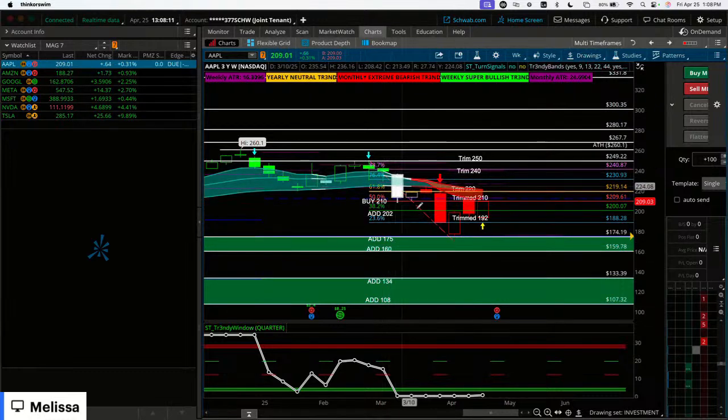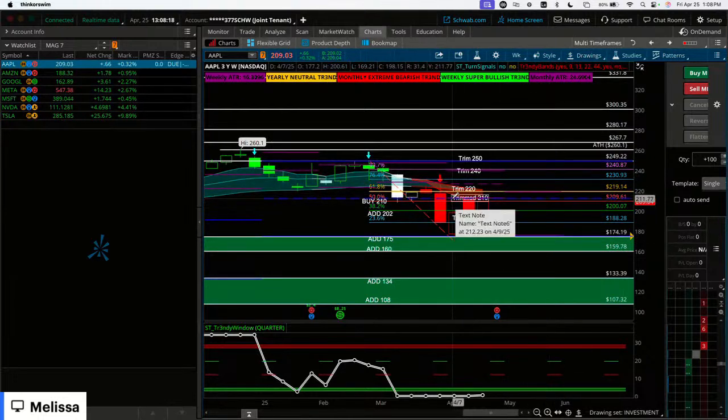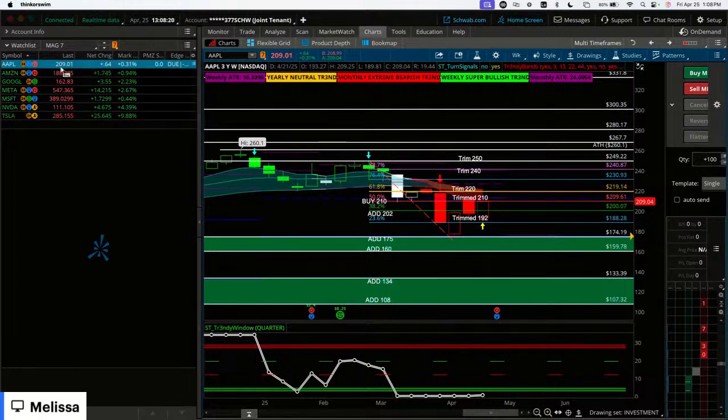In and out, in and out, back and forth. All right, so those are my levels that I'm actively trading Apple LEAP trades at.